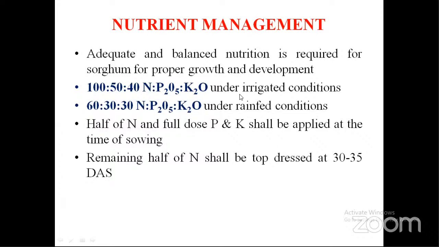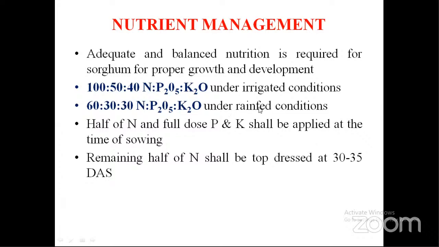Here you see the recommended dose of fertilizer in rain-fed conditions is always less compared to irrigated conditions, because in irrigated conditions soil moisture will be present. Plant nutrient uptake and availability depend entirely upon soil moisture. If soil moisture is more, the plant can easily take up the nutrients, that's why it needs more nutrients.